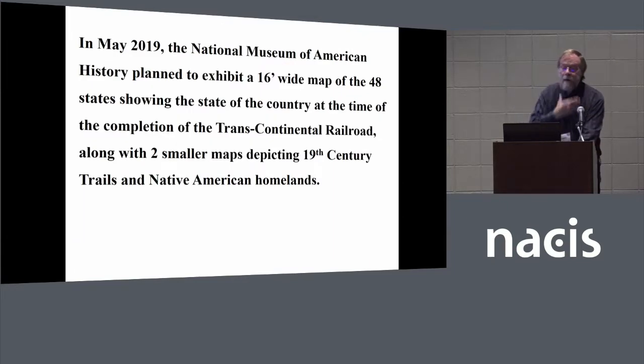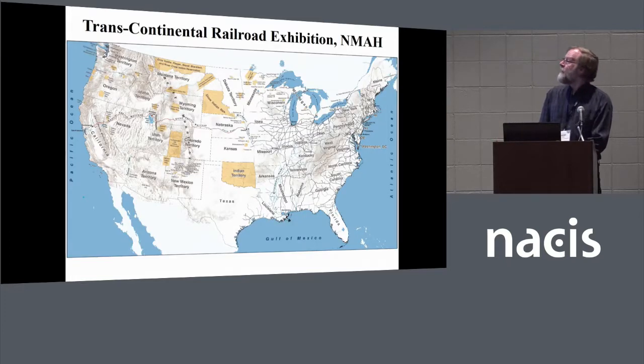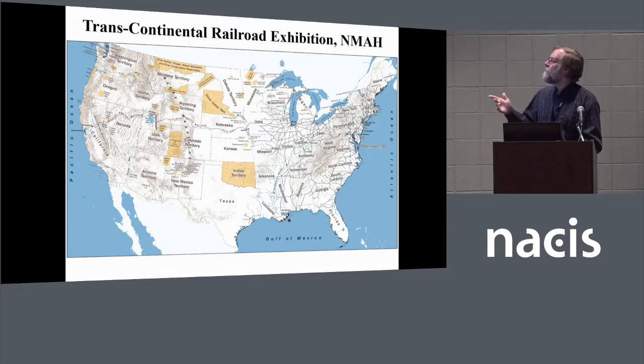This year, I was involved with the American History Museum, and they asked me to develop this 16-foot wide map showing the state of the country as it existed at the time of the completion of the Transcontinental Railroad. And they wanted a big map. And this had to have the help from Esri to develop this. They had to go through ArcMap, and then go to ArcPro, and then go to Adobe Illustrator to develop this 2.5 gigabyte file of this map, because I didn't want to have anything generalized.